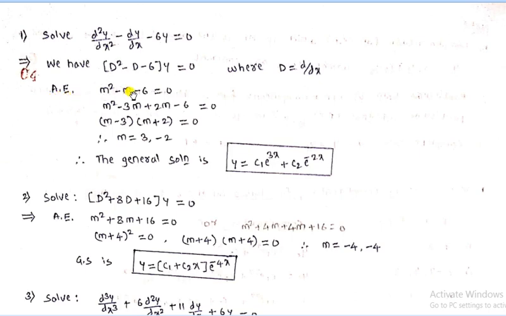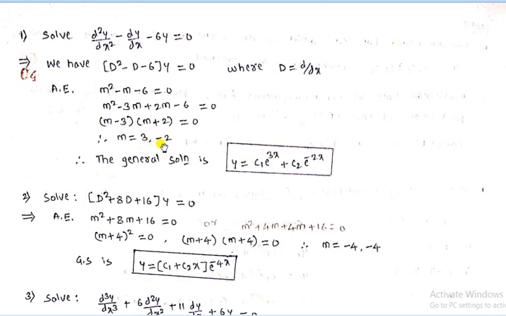Now we will factorize this equation, it becomes m square minus 3m plus 2m minus 6 equal to 0. In the first two terms m is common, so m minus 3. Then in the third and fourth terms 2 is common, 2 into bracket m plus 2. So m minus 3 equal to 0 or m plus 2 equal to 0, which gives the m values as m is equal to 3 and m is equal to minus 2.